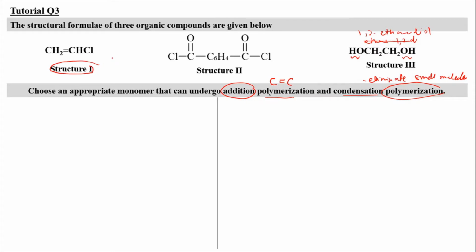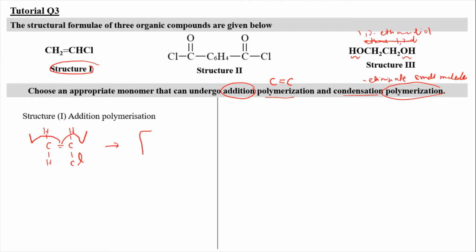So structure number 1 is going to react together to form a polymer, so a lot of structure number 1 here. What we can say is that structure number 1 will undergo addition polymerization, and we can also draw the structure of the polymer. Let's say this one will be connected to this one, and this one is going to be connected to the other one.